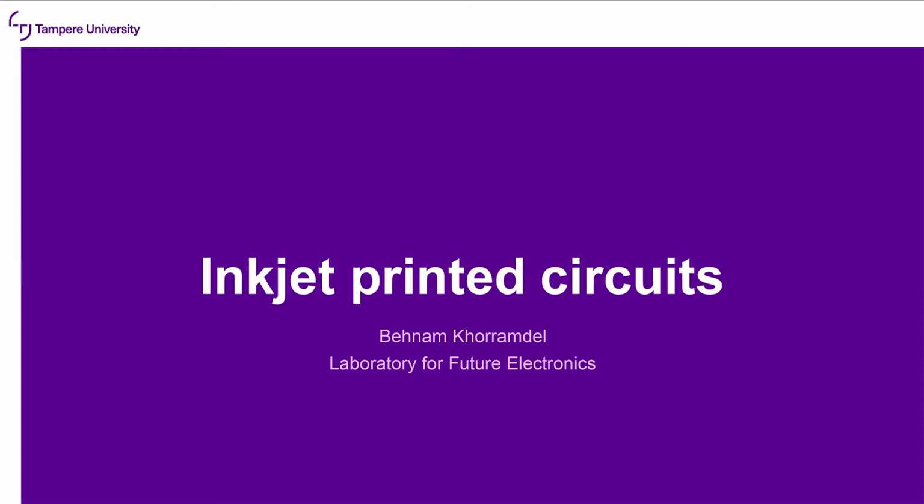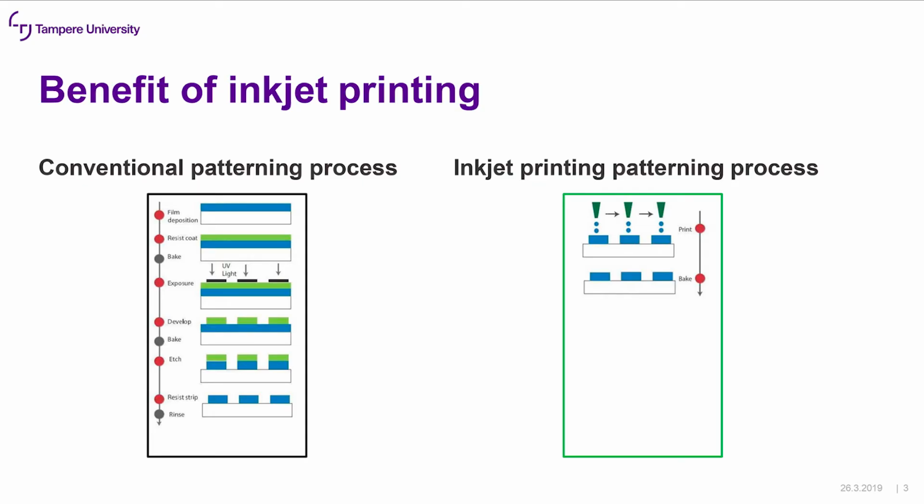My name is Behnam, and today I'm going to tell you a little bit about inkjet printing and inkjet printed circuits. First, I start with the benefits of inkjet printing. For conventional microfabrication, to deposit and pattern certain materials on top of our substrates, we usually use photolithography.